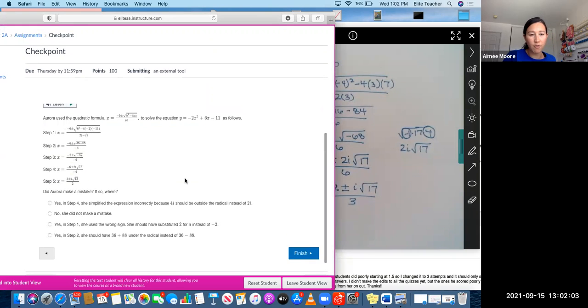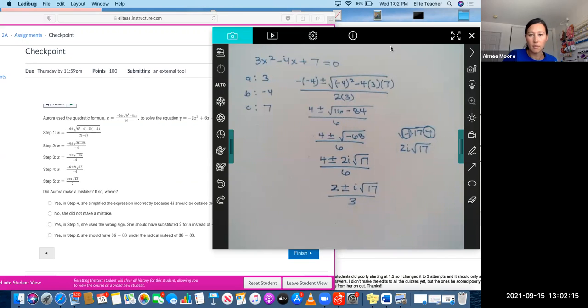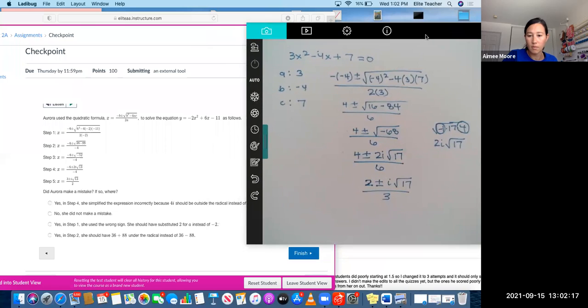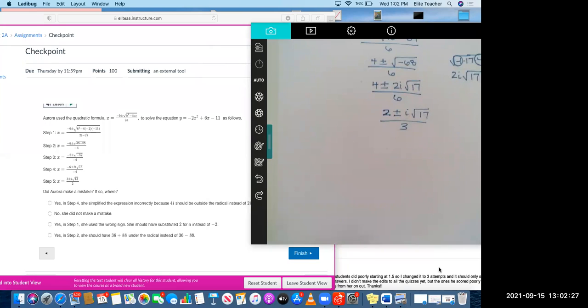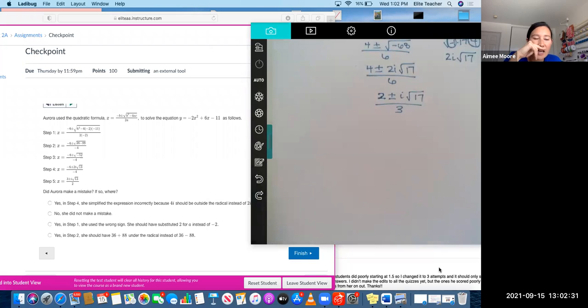Aurora used the quadratic formula to solve the equation as follows. Did she make a mistake? If so, where? So let's see. Does anyone see a mistake that she made?